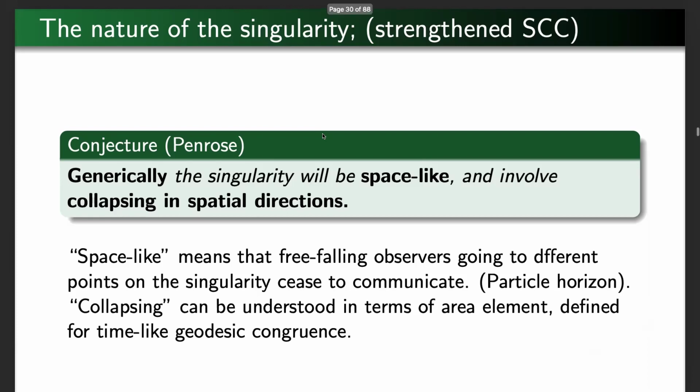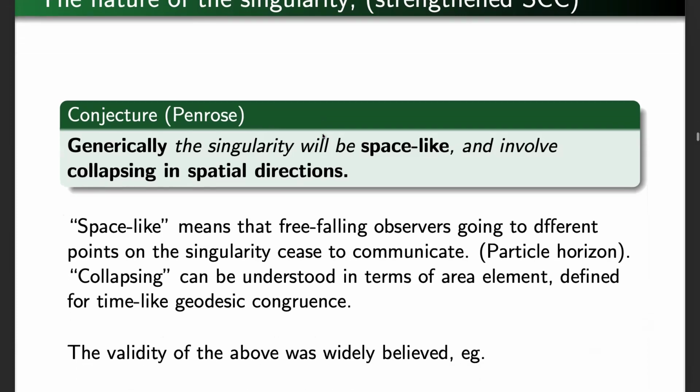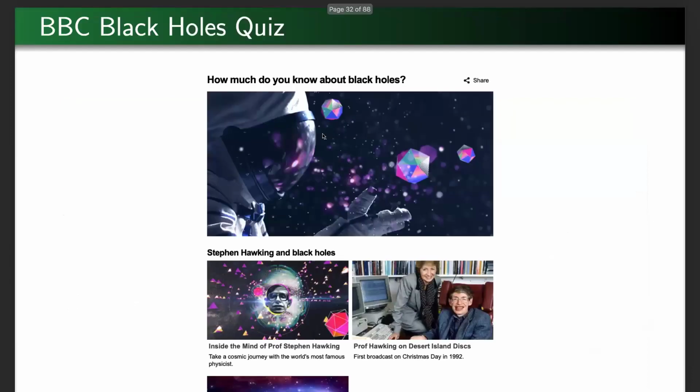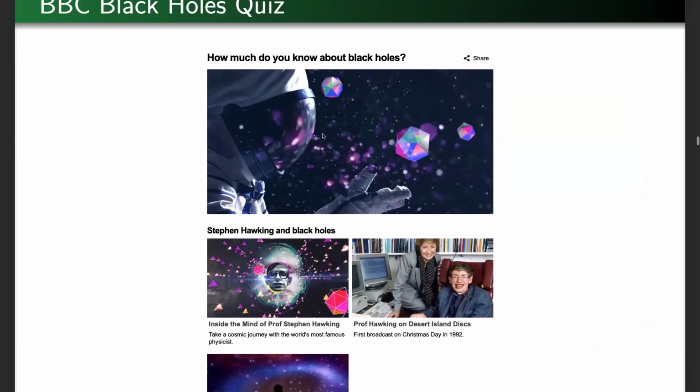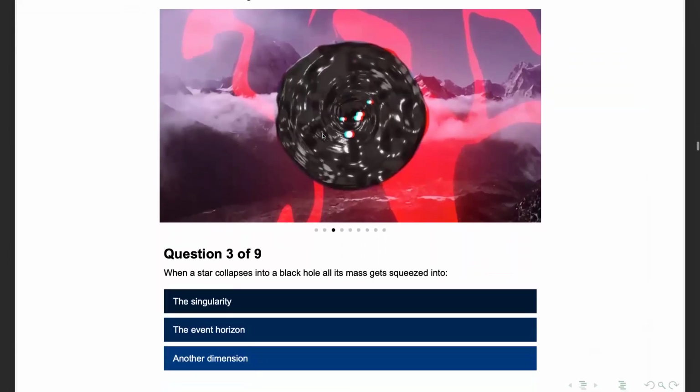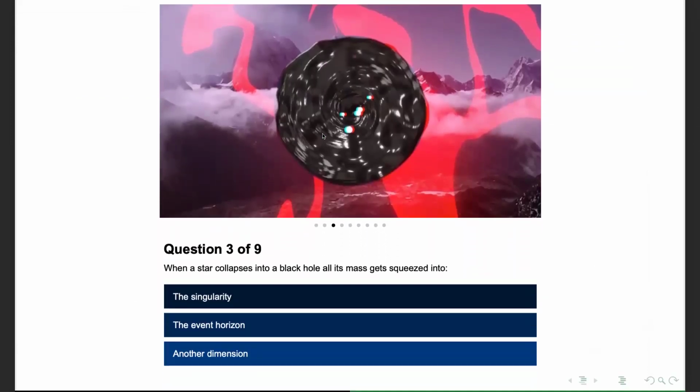Okay, a little fun digression. It was widely believed, and let me take 30 seconds of our time. There was a quiz on the centenary of the Einstein equation by the BBC, and there was one question that I got wrong. Let me confess here. How much do you know about black holes? When a star collapses into a black hole, all the mass gets squeezed into what? I thought the event horizon, right?